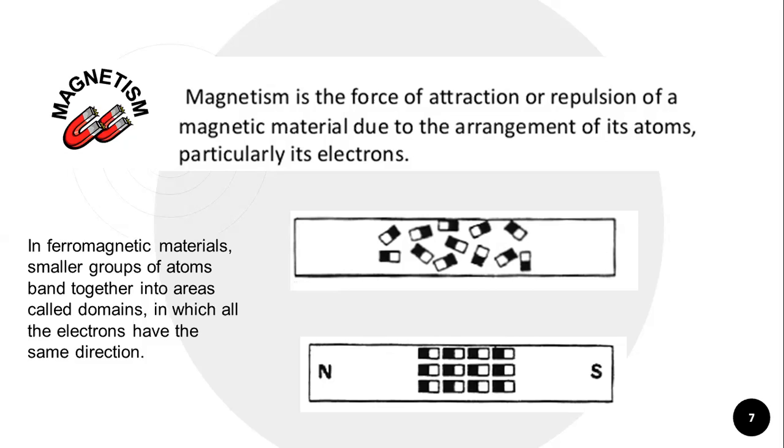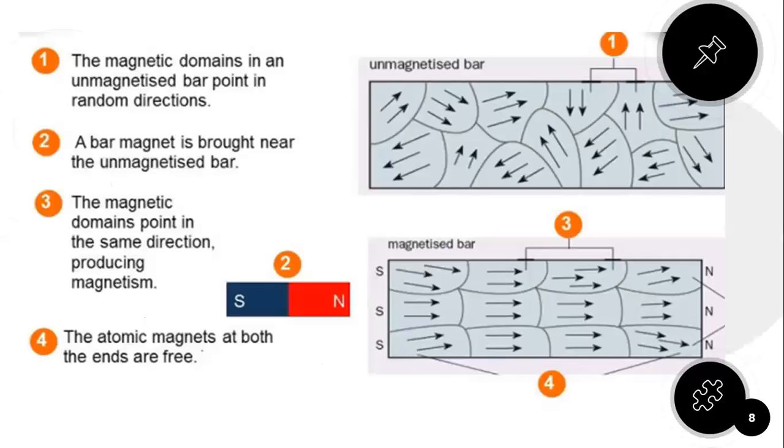Now, what are the steps you can use to induce a metal to act like a magnet? We have four steps. The first one, we get an unmagnetized bar. You can check at the first point that the directions of the domains inside it are random, in all directions.